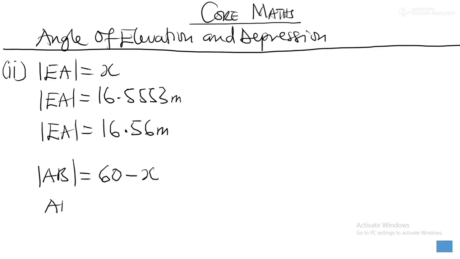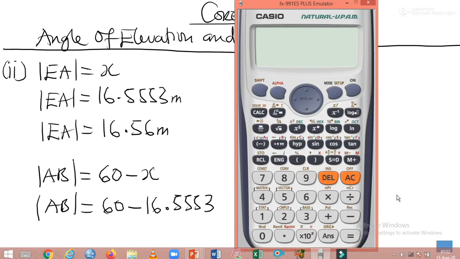So it means that our AB will be equal to 60 minus 16.5553. Now here, take note, we use the raw value, not the approximated value. So we are going to use 16.5553 rather than 16.56. Good. So let's get the calculator. 60 minus 16.5553.